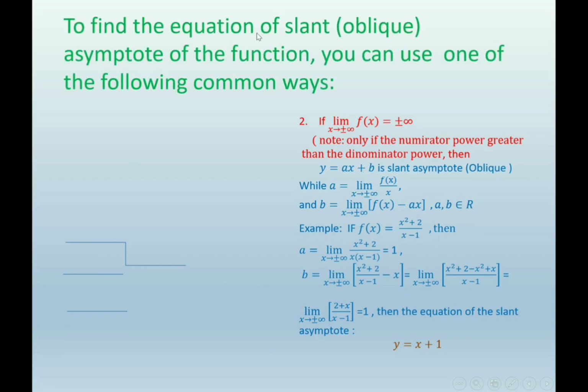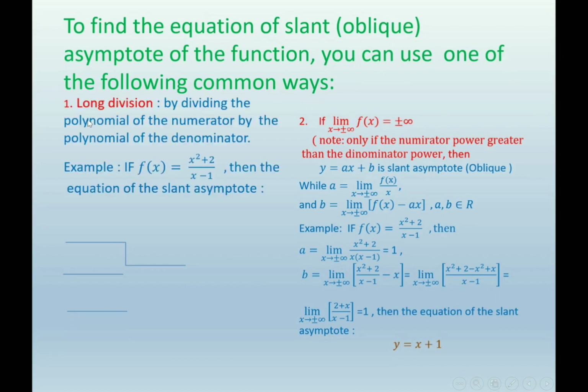To find the equation of the slant, or oblique, asymptote of the function, you can use one of the following common ways. The first way is long division, dividing the polynomial of the numerator by the polynomial of the denominator.